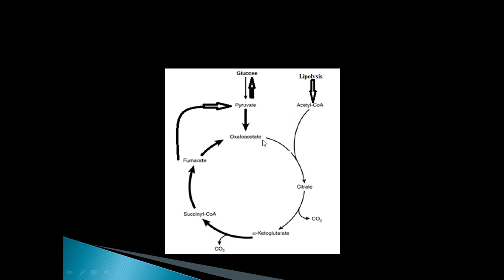So oxaloacetate, via the irreversible reactions we know, the malate dehydrogenase reaction and the phosphoenolpyruvate carboxykinase reaction, ultimately generates pyruvate, and ultimately leads to synthesis of glucose, which provides glucose to the tissues. So there is less concentration of oxaloacetate and high concentration of acetyl CoA. So there is impairment of acetyl-CoA utilization via the TCA cycle.